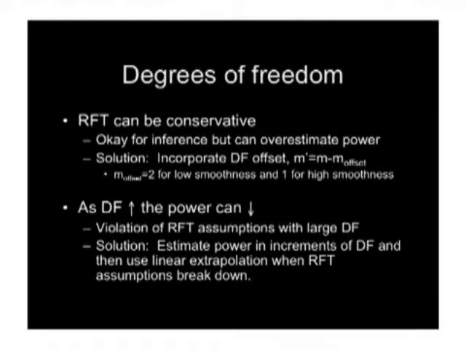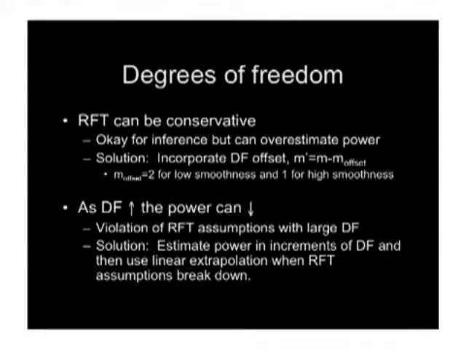It turns out there are some known issues with random field theory that have to be considered when doing a power calculation with it. The first is that random field theory can be a little bit conservative. That's okay for inference, because if you're missing activation, fine, as long as you're not adding false positives. But for power calculations, random field theory can overestimate the power.